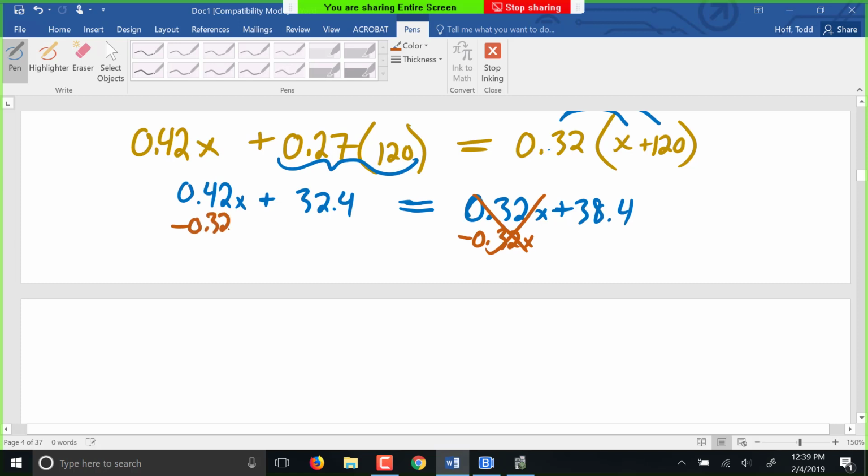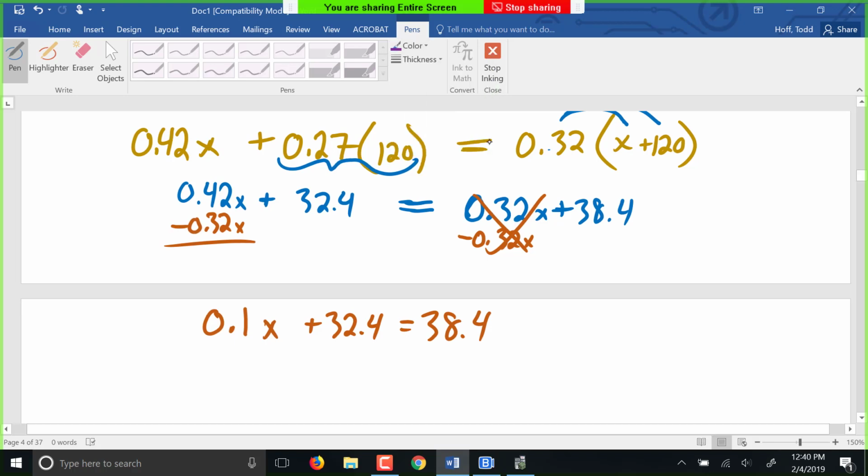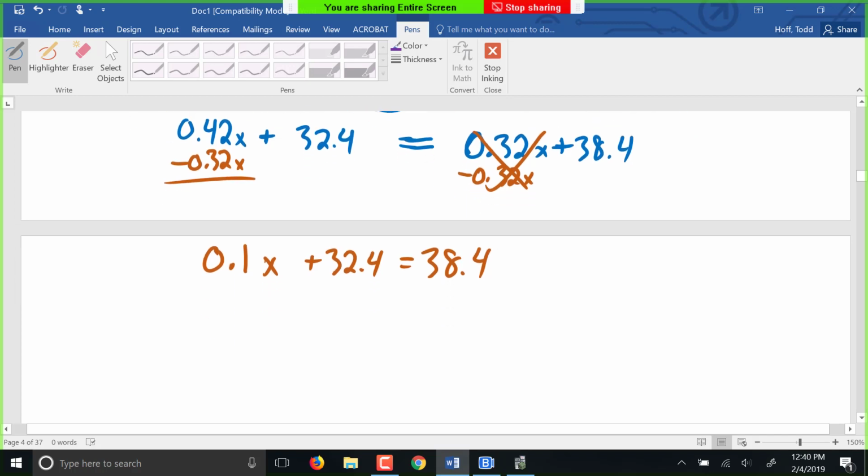We have to subtract 0.32x from both sides. So 0.42x minus 0.32x is 0.1x plus 32.4 equals 38.4. So now we've combined everything we can combine. The variable appears only once, so now we can go ahead and start to solve.